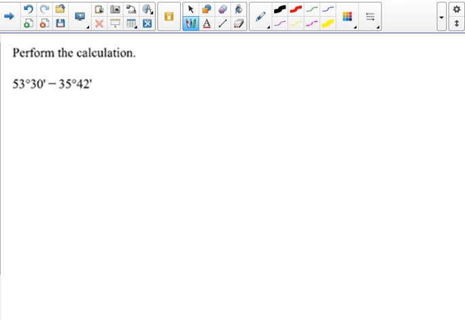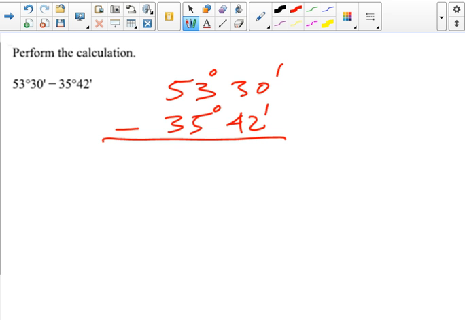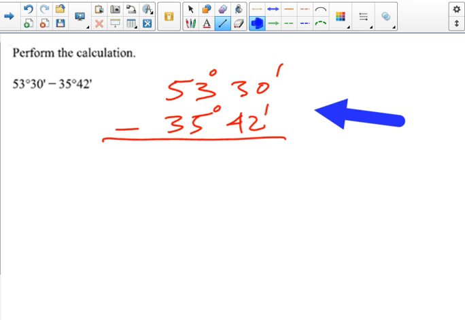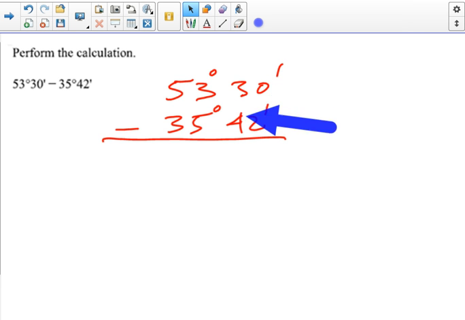Even more fun is subtracting, because now I have 53 degrees 30 minutes minus 35 degrees 42 minutes. But the issue, of course, is the whole borrowing thing. You can't take 42 away from 30 in this situation, no negatives, so we have to borrow.